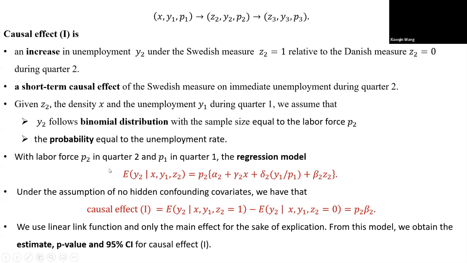Under the identifying condition, we can use the observable variables, that is, compare the means for the Swedish measure and the Danish measure. We use a linear link function and only the main effect for the sake of explication. From this model, we can get the estimate, p-value and 95% confidence interval for causal effect number 1.